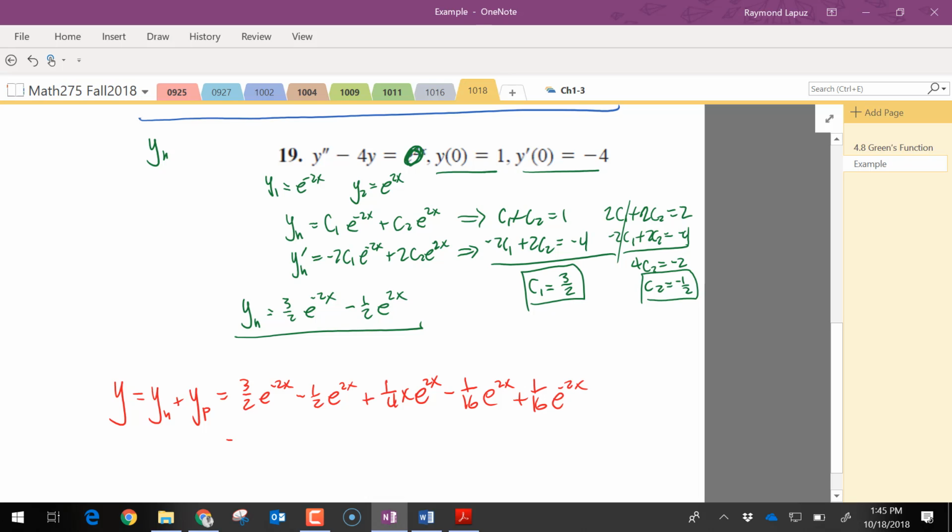So I suppose if we simplify that, we're going to get, let's put this one first, 1/4 x e to the 2x. And so the positive ones, negative 9/16.